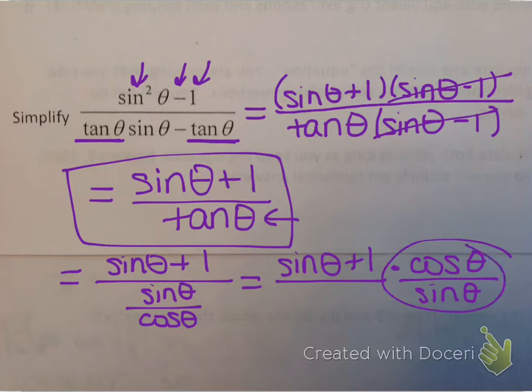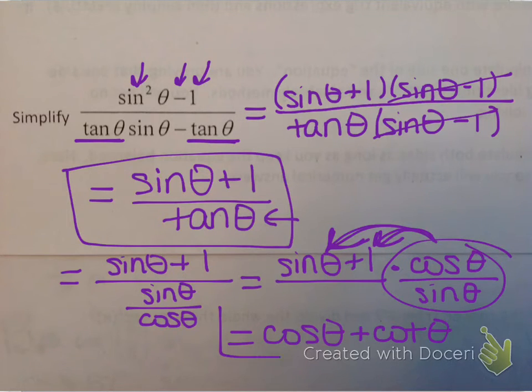And then this would have to distribute through here. And so when I distributed to the first term, the sines would cancel again, and I would just have cosine. And when I distributed to the 1, I would just have cotangent. So you see how different those two versions of an answer look. And neither one of them is particularly pretty.